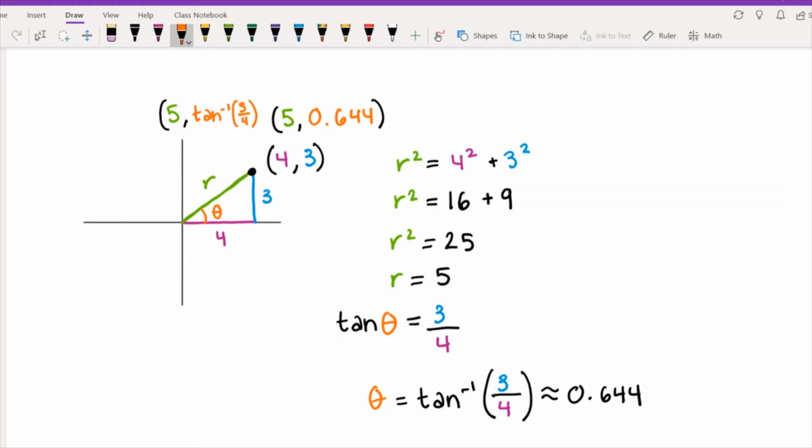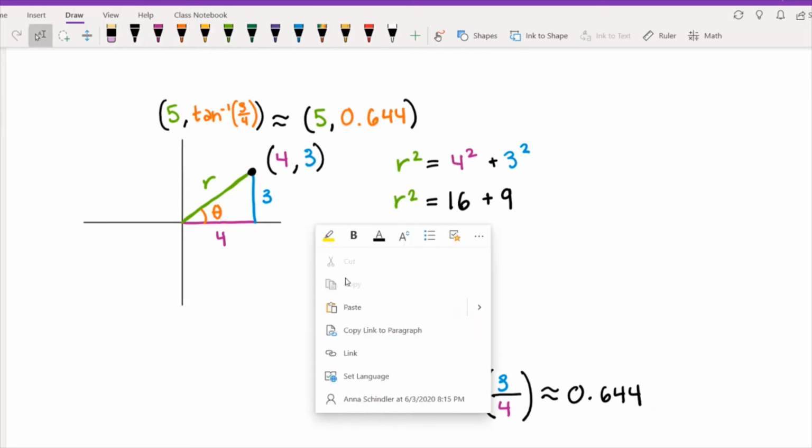That would be the exact form of this. So I'll say that, and then let me just move this over a little bit. So this would be the exact form, and then right there we have the approximation. So that's going to be how it generally works.